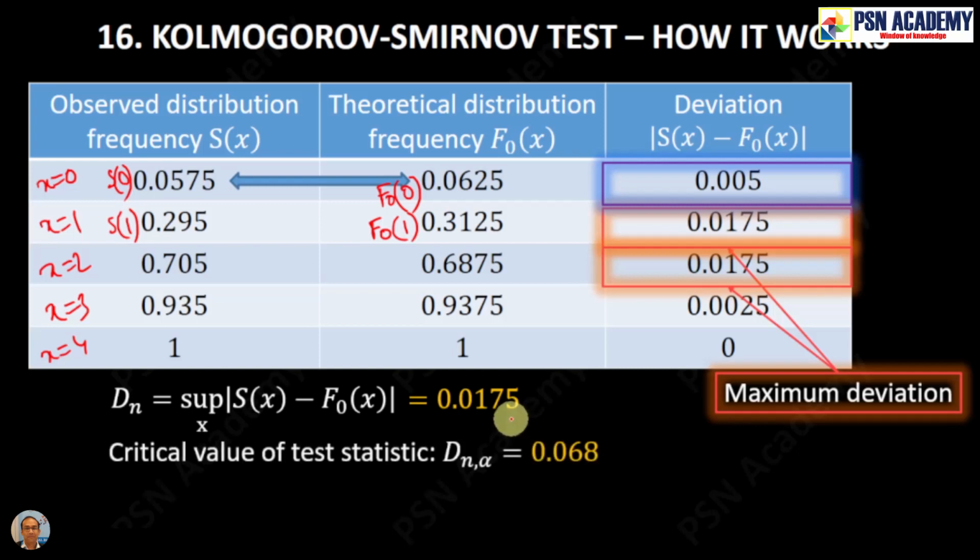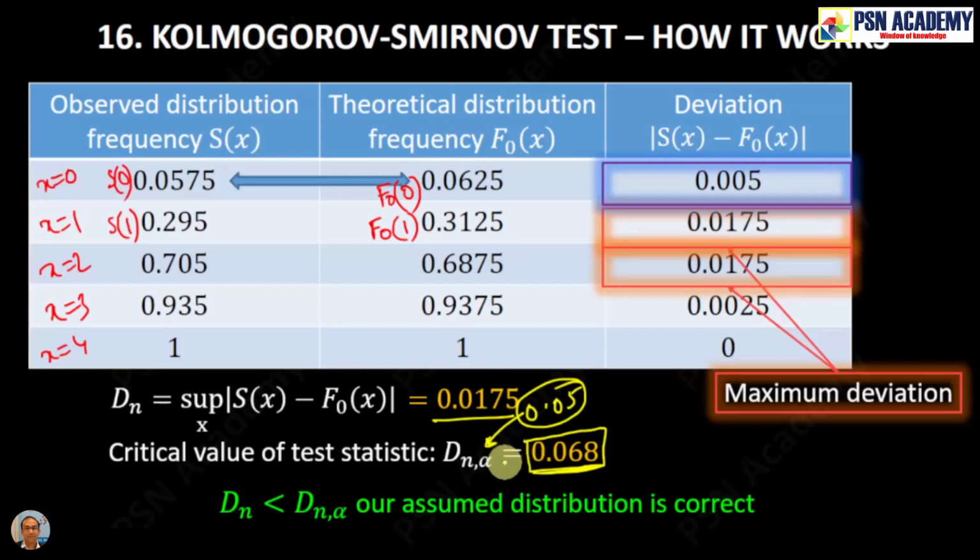Next, we consult the KS table for D suffix n and alpha, and this alpha we took as 0.05, and we have 0.068 from that table. So we have Dn is this, and the critical value is this. Now we can clearly see that this Dn is less than the critical value, so our assumed distribution is correct.